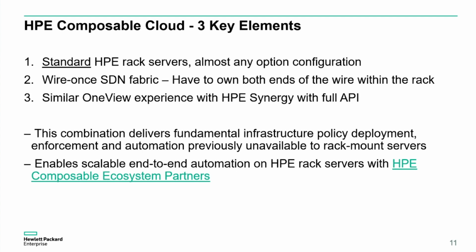Today, the Composable Cloud solution really only has one modest restriction on the configuration of the servers that we support, and we'll be getting into those specific models in a minute.